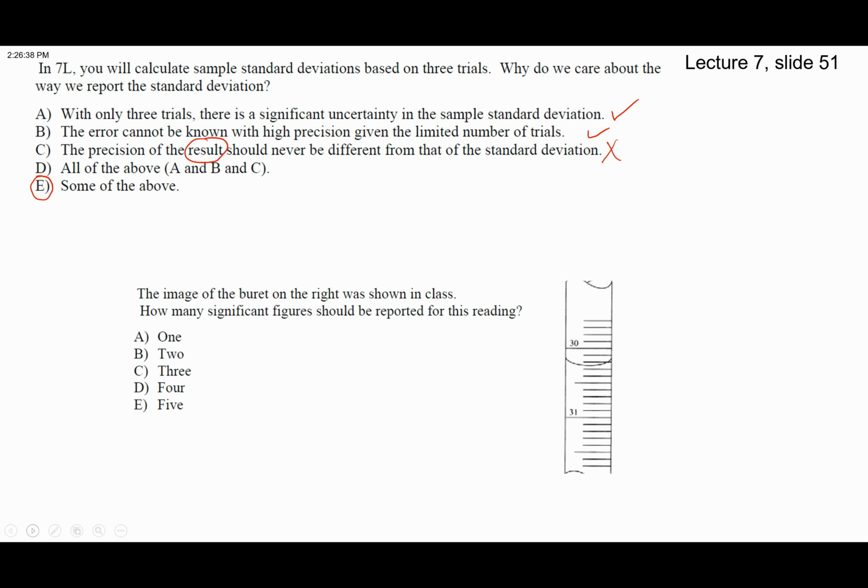The image of the burette on the right is shown in class. How many significant figures should be reported in this reading? Well, we've done this many times, right? So this is 30, that's 31. Makes these lines 30.1, 30.2, 30.3. Okay, so it's going to be at least 30, right?